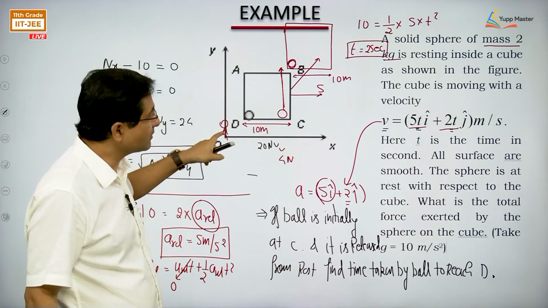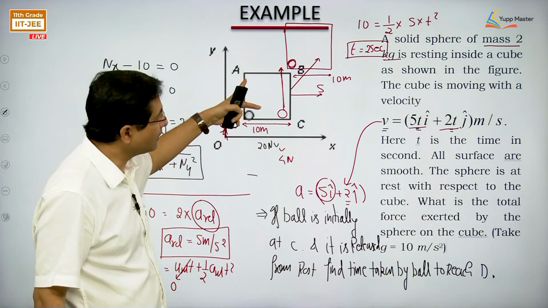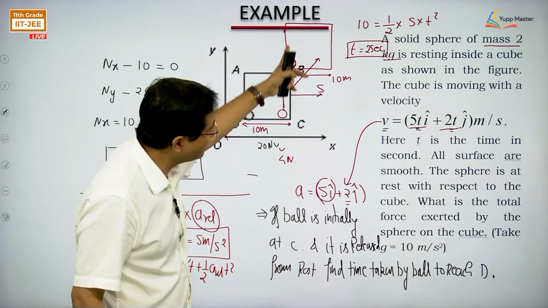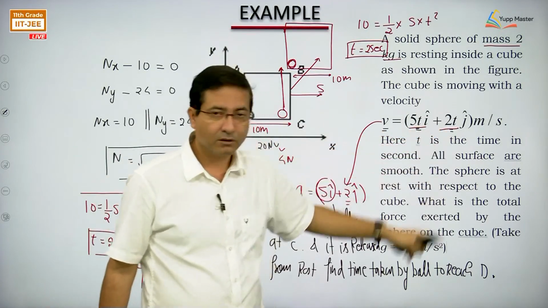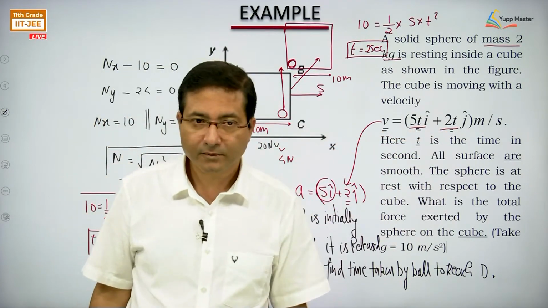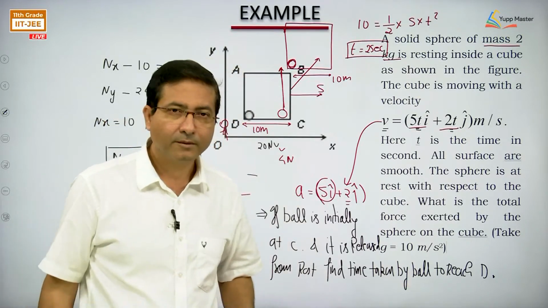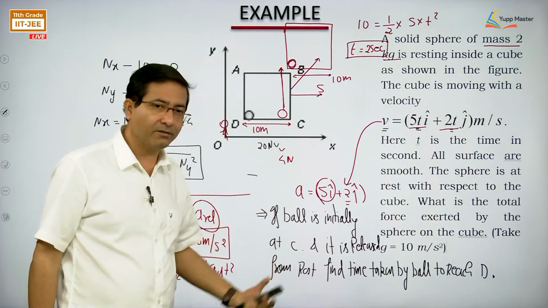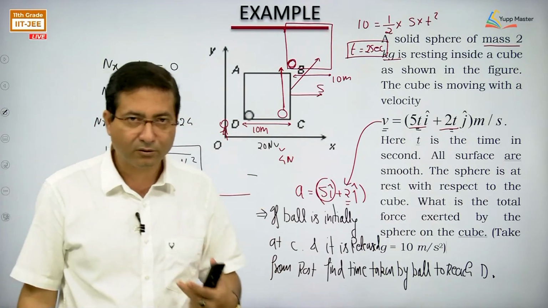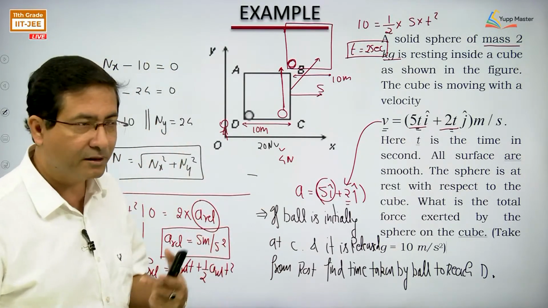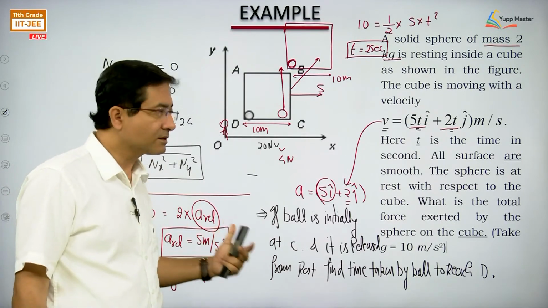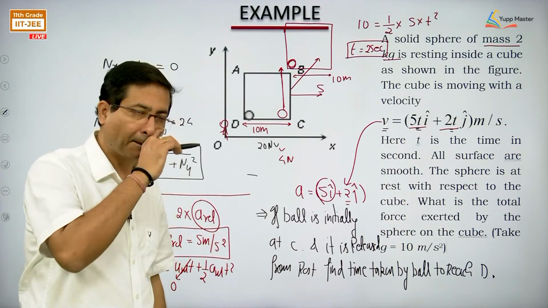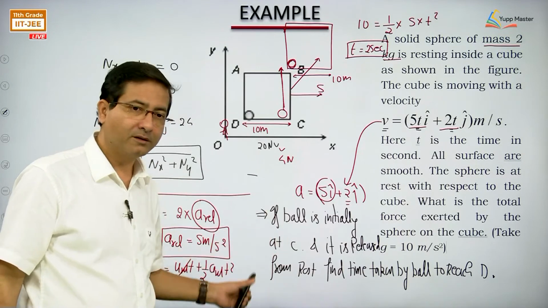Outside the lift, that means the person standing on the ground, he will observe that the lift is having motion in x direction as well as y direction. So from a different frame, the motion observed will be different, but when you calculate parameters like time and real forces, they will come the same from all the frames, right? So I hope this question is clear.